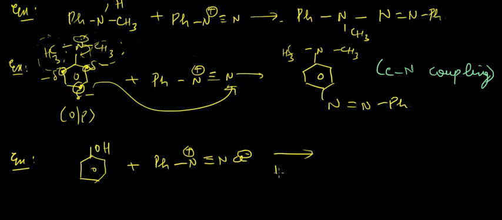Okay, at a pH of 10 to 11, and we would get something like, again at this pH, O will lose its H plus and have a negative charge on itself, and will create a negative charge density on ortho and para positions.